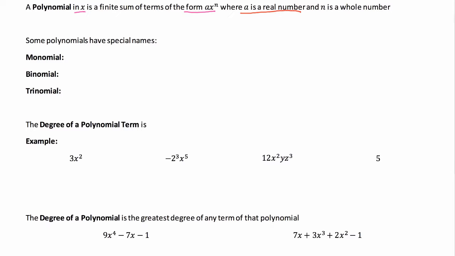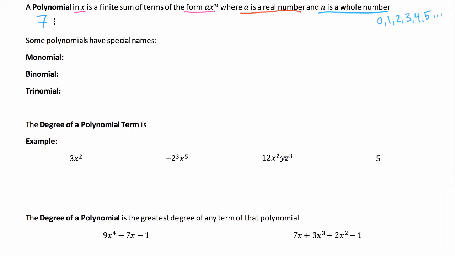But n, the power that the variable is being raised to, has to be a whole number. And remember what a whole number is: 0, 1, 2, 3, 4, 5, stuff like that. Those are the whole numbers. So a couple quick examples of some polynomials, what these might look like.